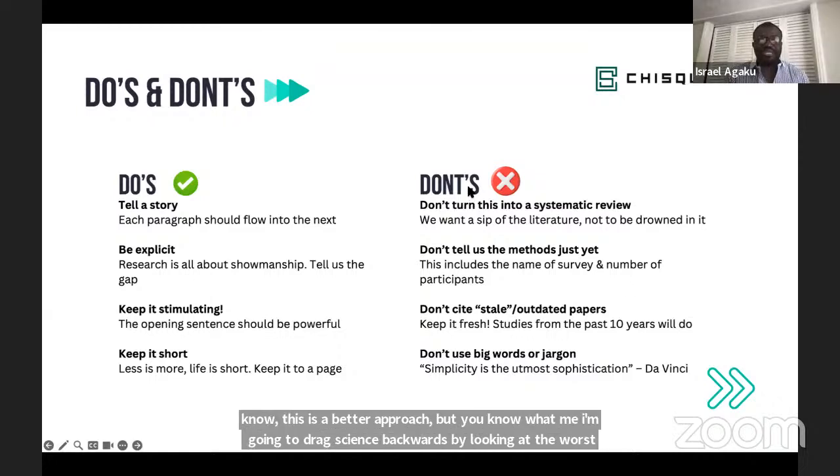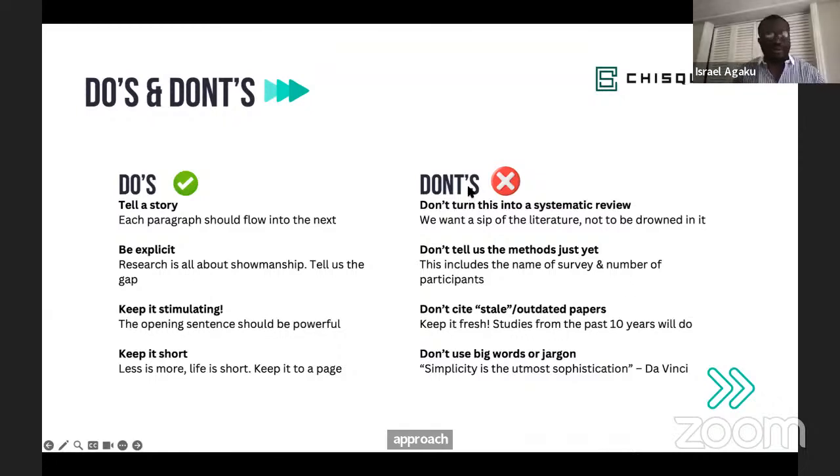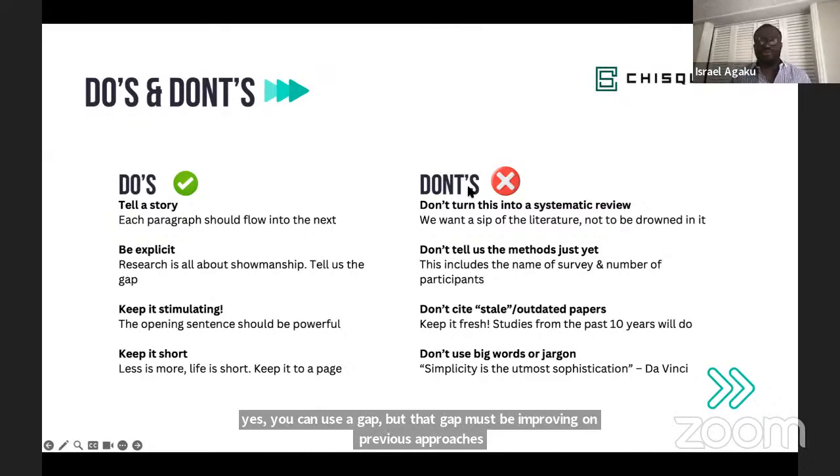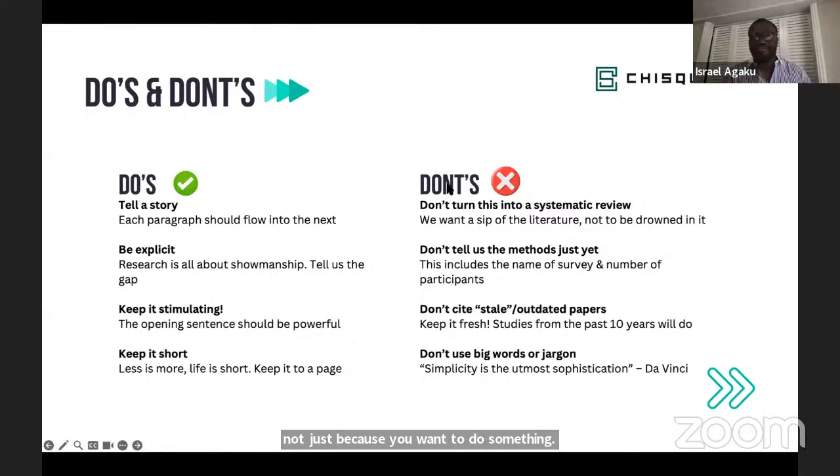No, we want a better approach, right? So your goal is to address limitations of previous studies, not to drag the entire community backwards. So yes, you can use a gap, but that gap must be improving on previous approaches, not just because you want to do something. So you might have to find another justification if you are just doing something inferior in terms of a study design.